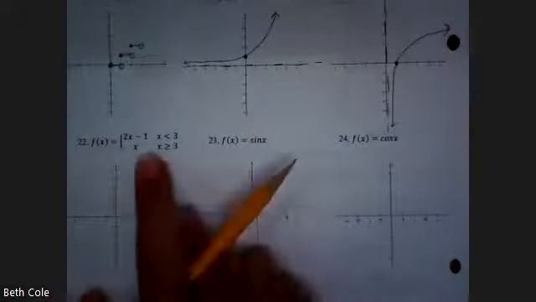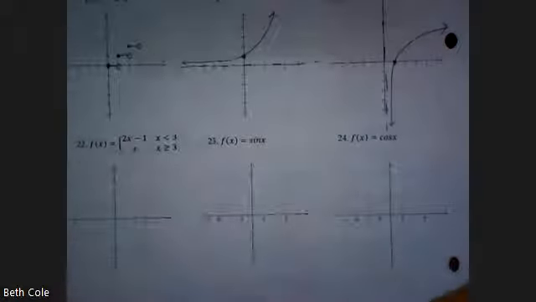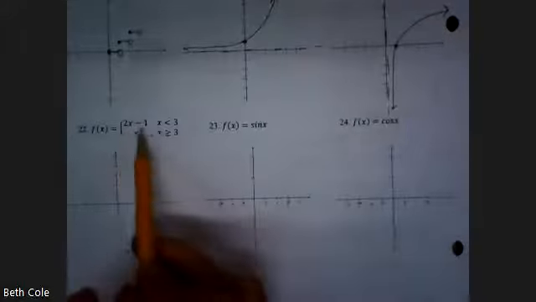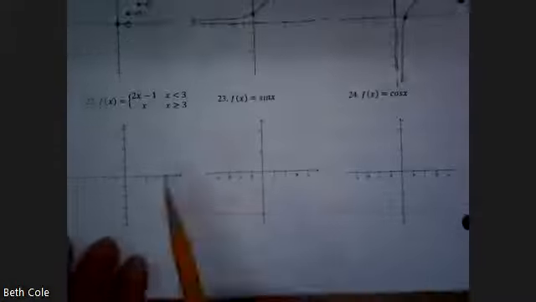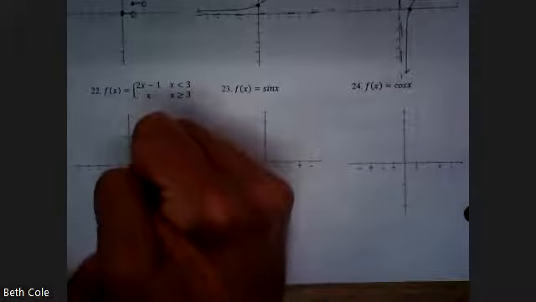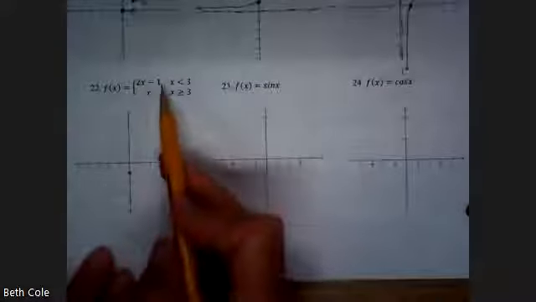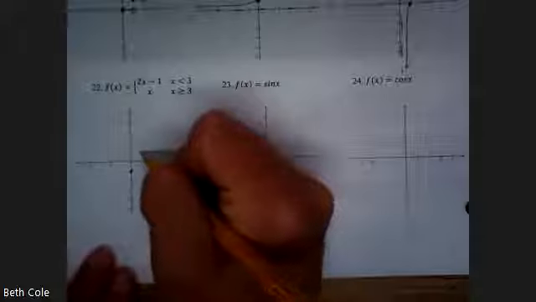All right, this one is piecewise and the break happens at 3. Do you remember the flip book we made and you actually took out scissors and cut it and then we flipped them? Okay, we're gonna graph 2x minus 1, but only until we get to 3. So this would move down 1, you can put a point right there. Slope is 2, so you can go up 2 over 1.